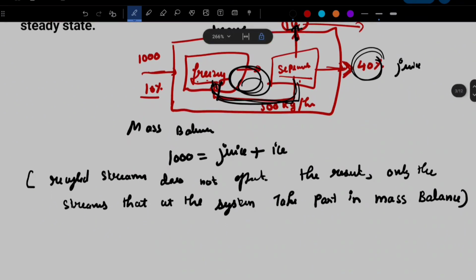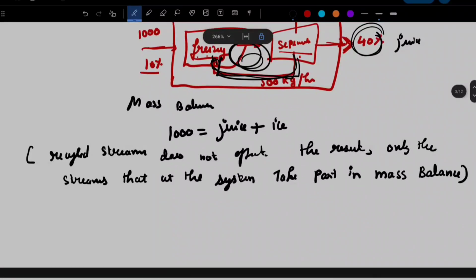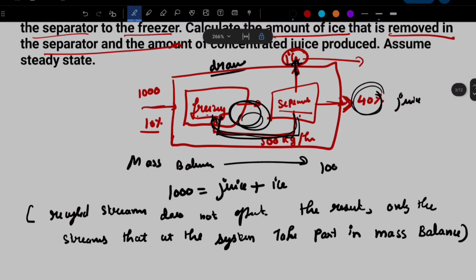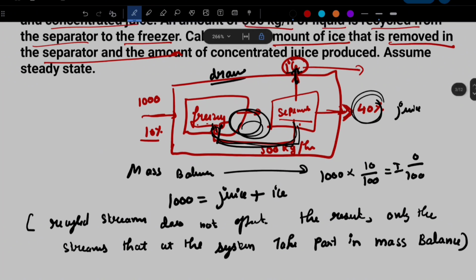So if you apply the mass balance of solids, it's 1,000 into 10%, which is 10 divided by 100, equal to ice plus juice. For ice, the concentration of solutes is 0 divided by 100, because there is no solute in the ice.